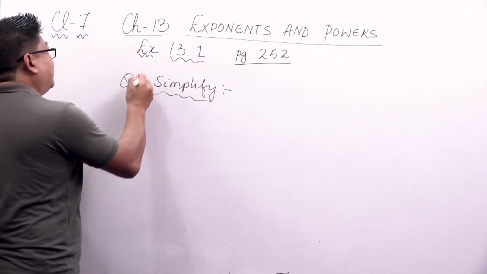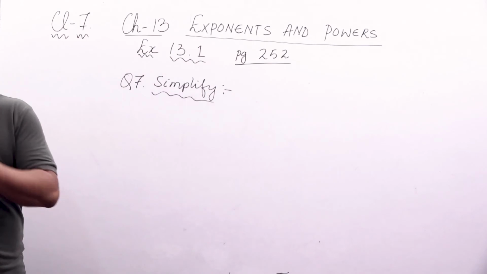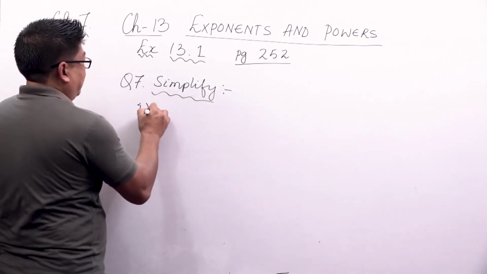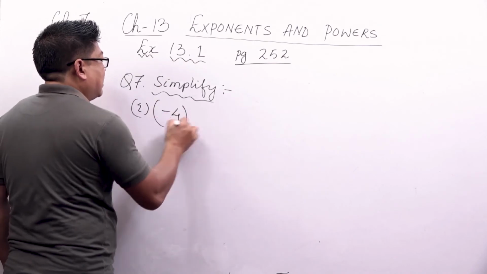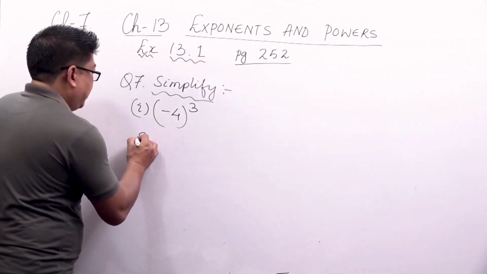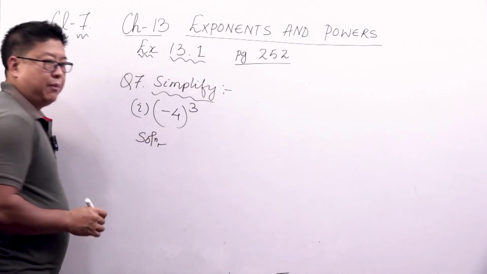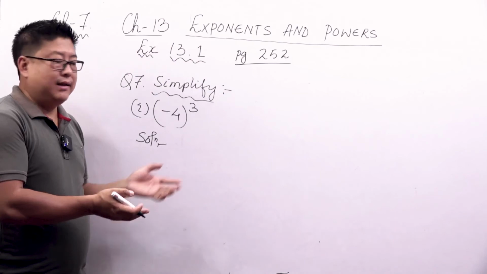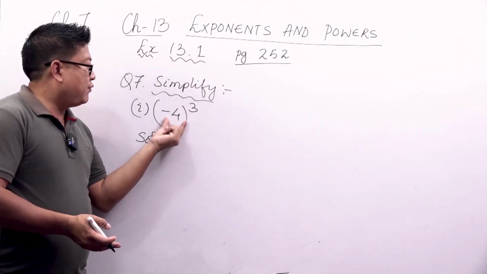Let's move to question number 7. Question number 7 is also simplify. And the first question is minus 4 to the whole power 3. Now please look here. Minus 4 in brackets to the power 3.